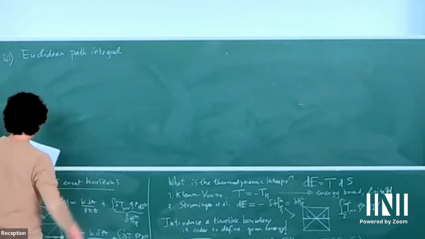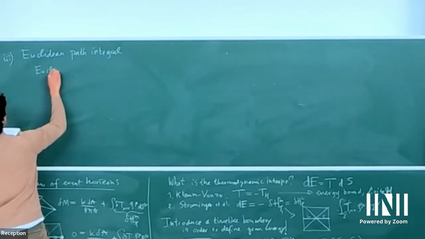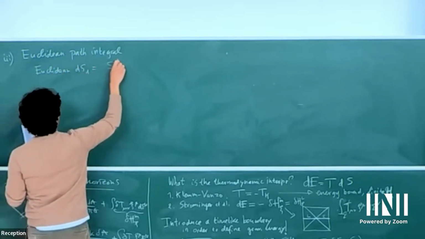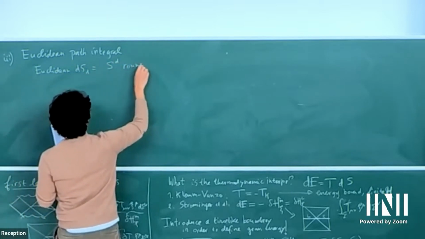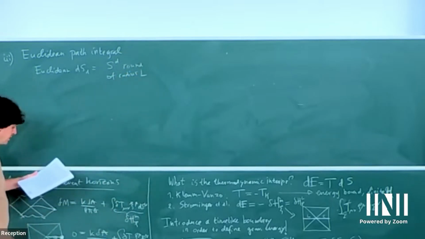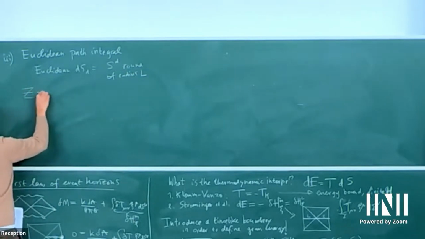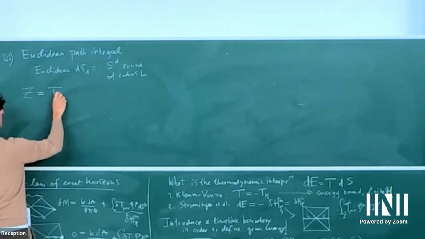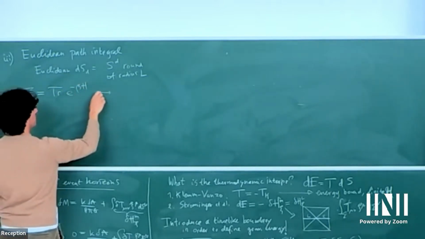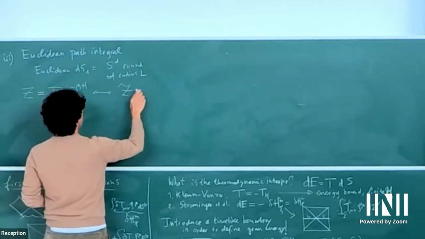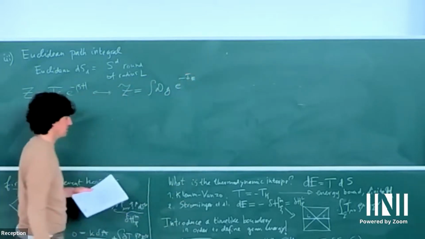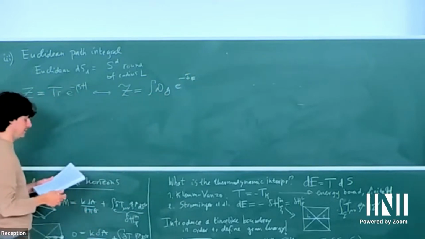Okay, so first you need to know that Euclidean d-dimensional de Sitter is a round d-sphere of radius L. And Gibbons and Hawking argued that the canonical thermal partition function in quantum gravity is related to the Euclidean path integral where you integrate over metrics.